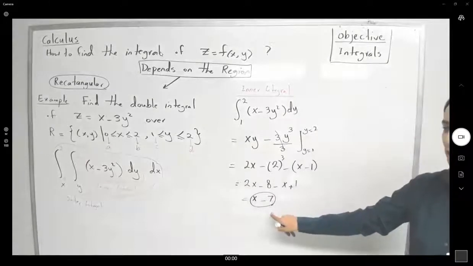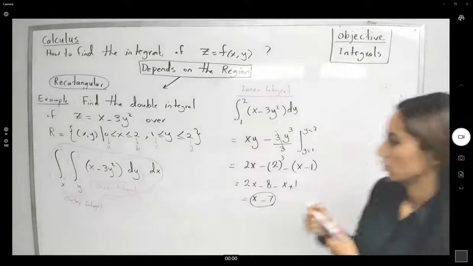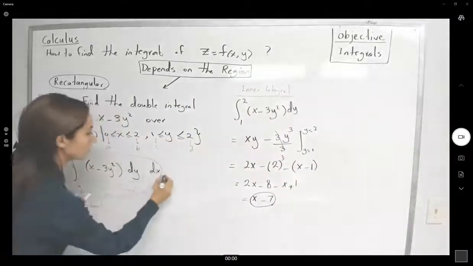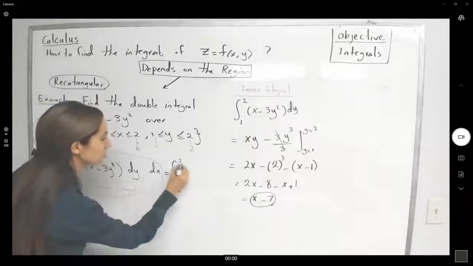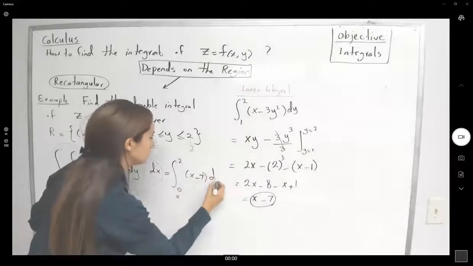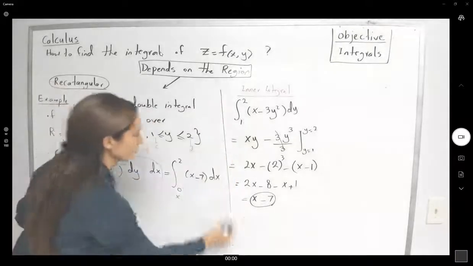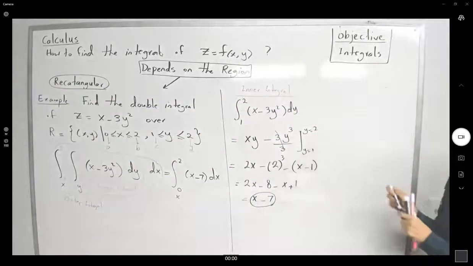This is your inner integral. Goes here. So far we have the integral where x ranges between 0 and 2 of x minus 7 dx. This is your outer integral.